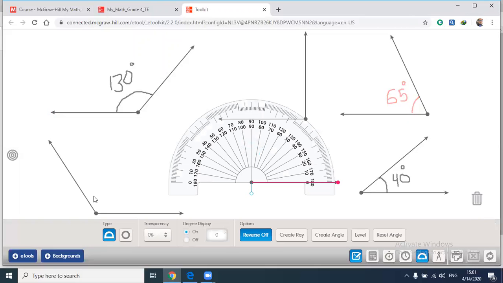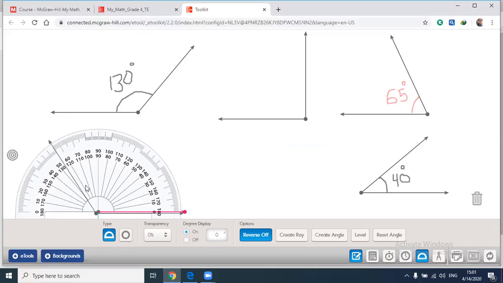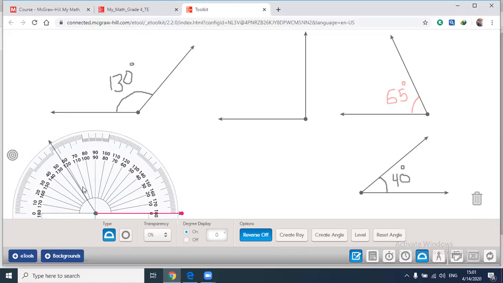Here I have this angle. I want to measure it using my protractor. Place the center of the protractor on the vertex of the angle, and then count from 0 here on the right, from this side to reach the other side. 10, 20, 30, and then continue until you reach the other one.